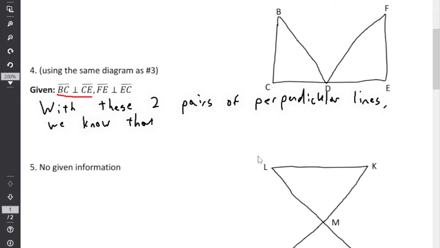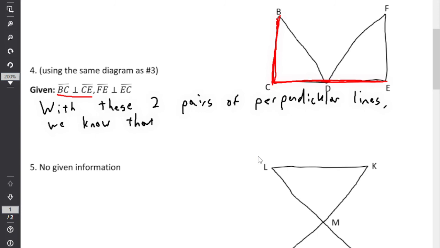First one, BC is perpendicular to CE. Here's BC, here's CE. If those two are the ones that are perpendicular, which angle is going to be the right angle?